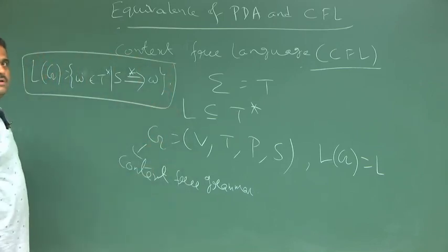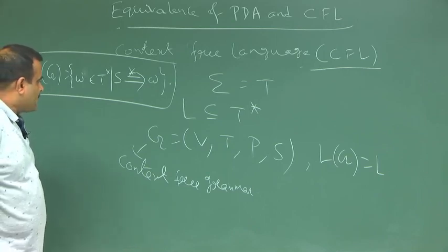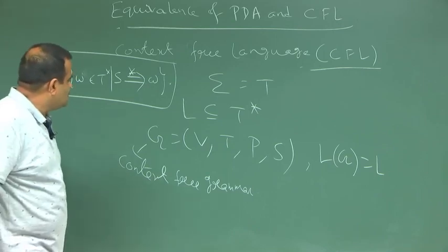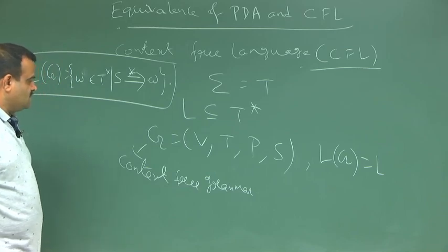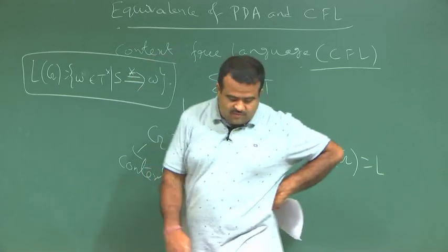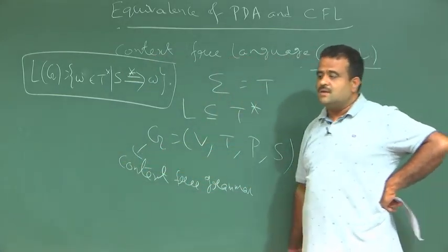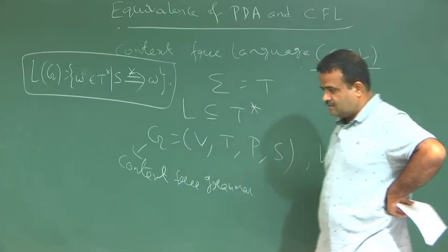This is the language generated by this CFG. And if, given a language, we have such a grammar, then that language is called a context free language.